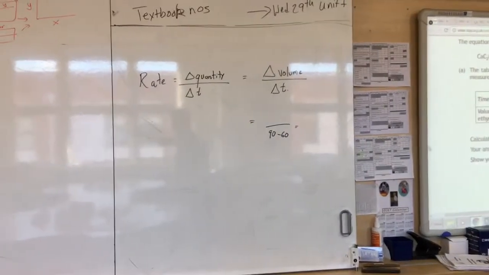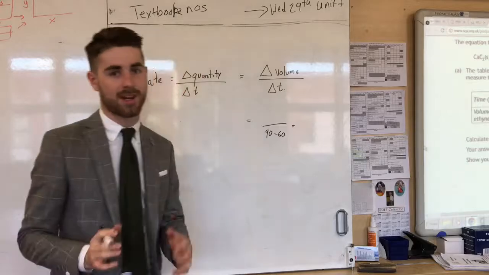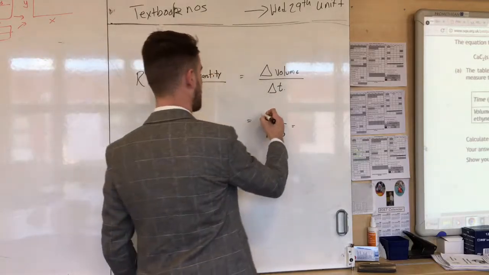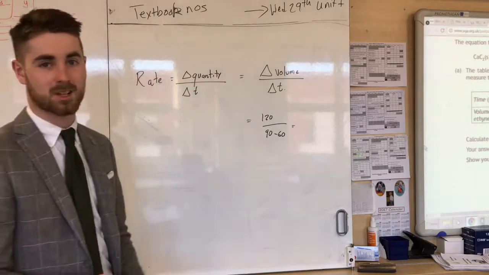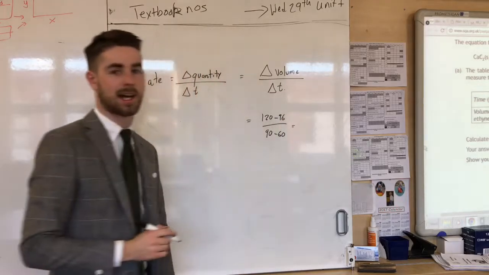So let's just fit that into an equation. The change in volume, we're looking at how the volume has changed in that 30-second period. At 90 seconds we have 120 centimetres cubed of gas being produced, and at 60 seconds we have 96 centimetres cubed of gas being produced.